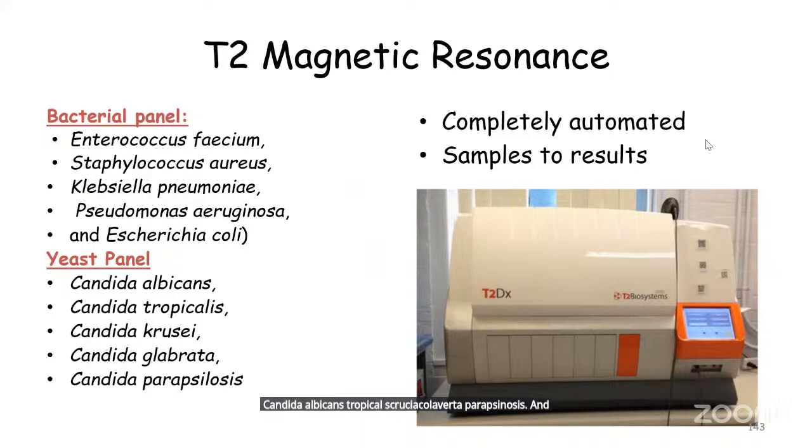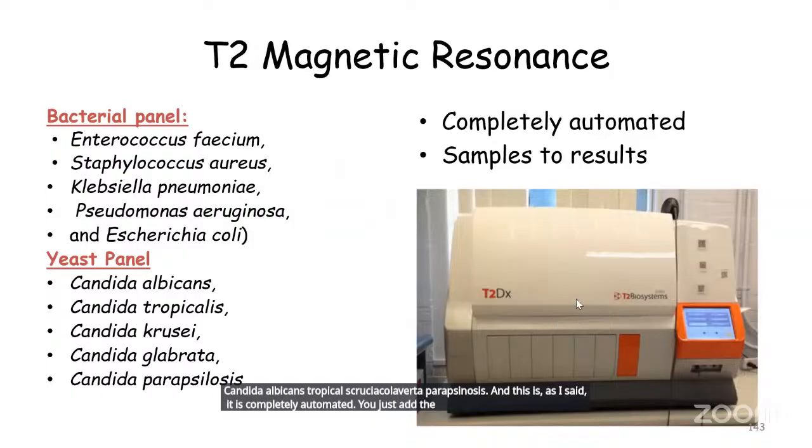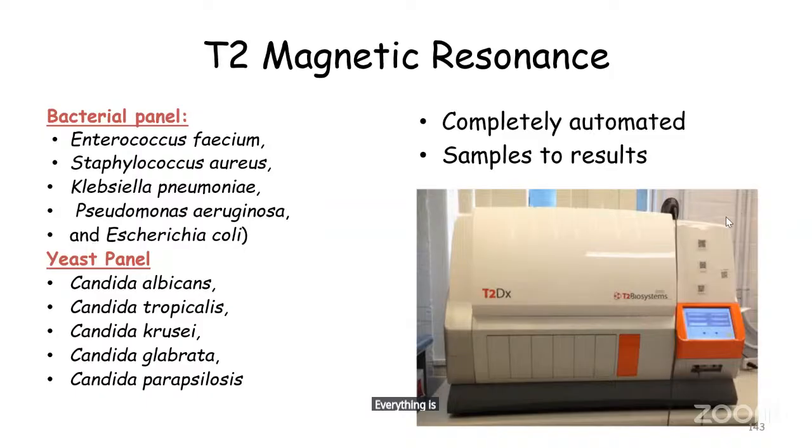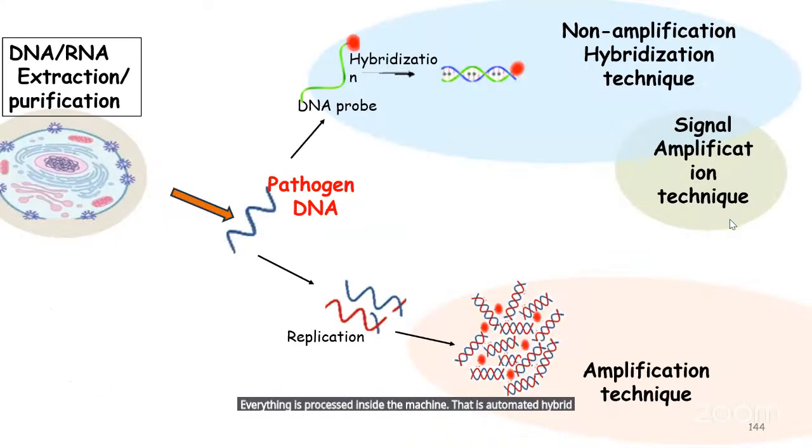And as I said, it is completely automated. You just add the vacutainer in it, not even your blood culture bottle, just the vacutainer, without culture, without amplification, without extraction. Everything is processed inside the machine. That is automated hybridization.